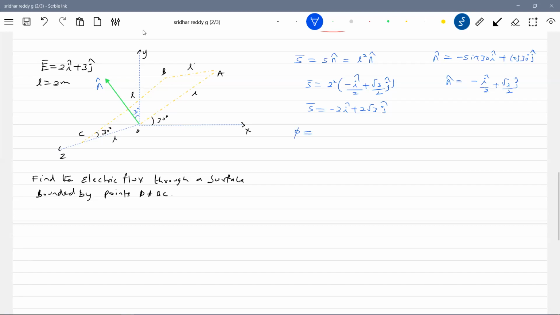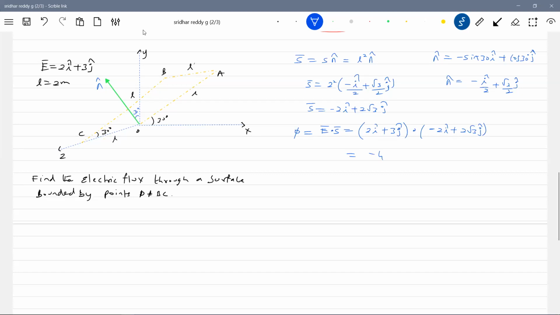Now let me calculate the flux. E bar dot S bar. E bar is 2 I cap plus 3 j cap dot S bar. I dot I is 1, giving minus 4. I dot j will be 0. J dot I will be 0.